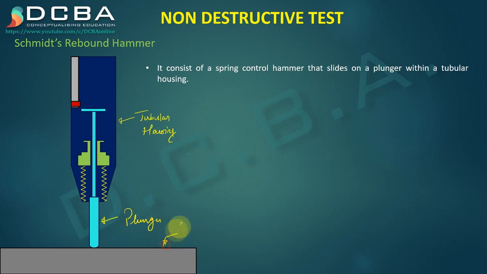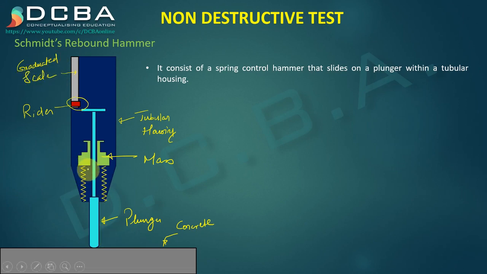This is the concrete whose strength has to be estimated. This is the mass which is resting on the spring. This red thing that you see is the rider, and this is the graduated scale.